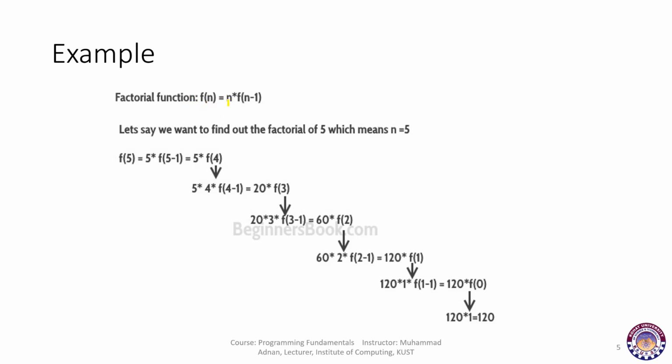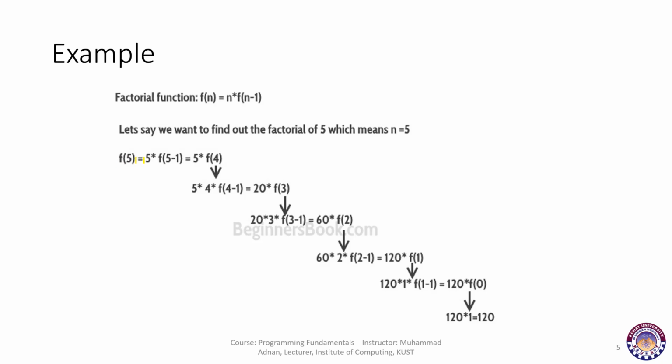So we multiply n with n minus 1, and then we move on and on until the base condition, until n is equal to 1, is met. So let's say we want to find out the factorial of 5, which means n is equal to 5.